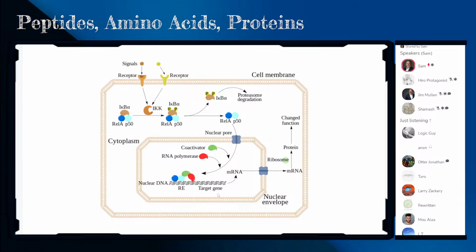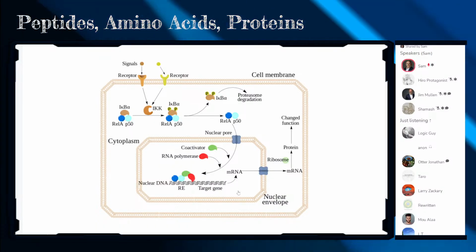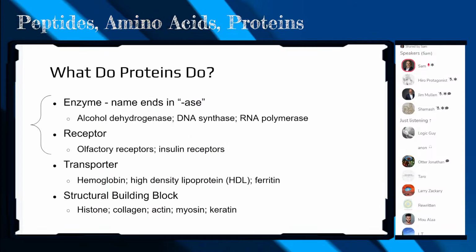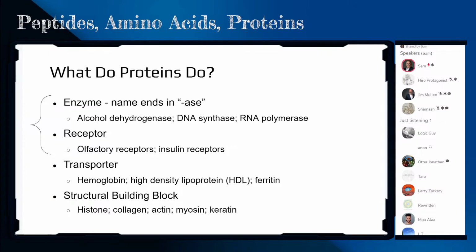That's why when you drink a lot of alcohol, you end up with liver disease. Then DNA synthase that replicates the DNA, and RNA polymerase that transcribes DNA into RNA. There are many other types of enzymes in the body.